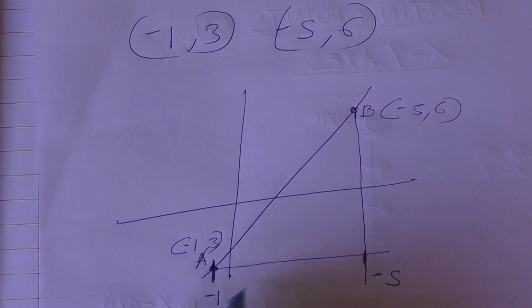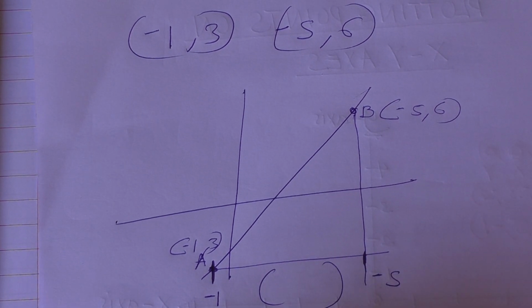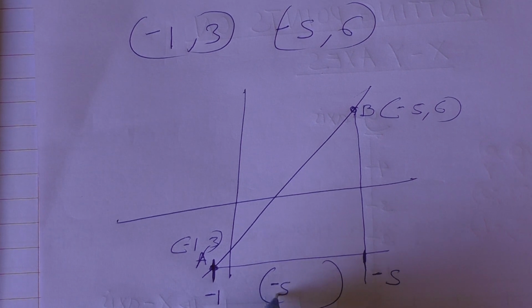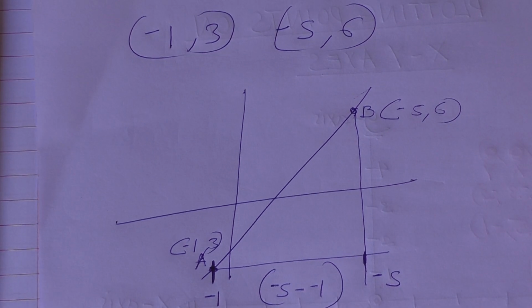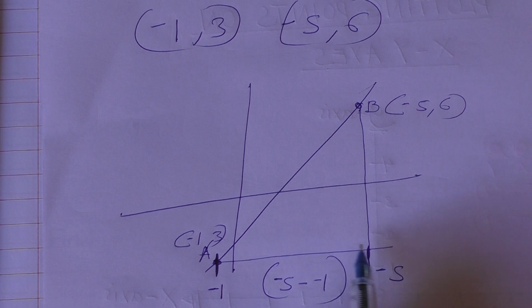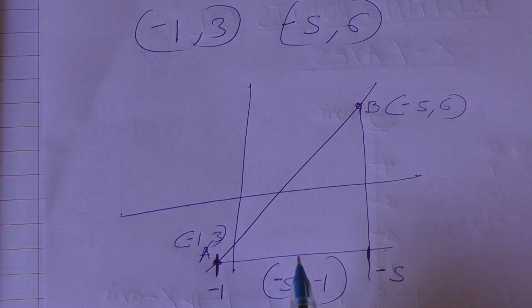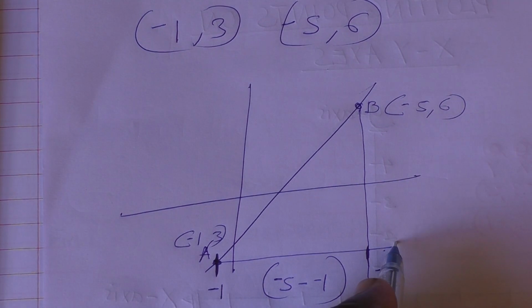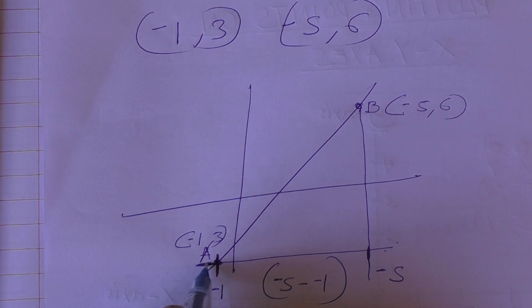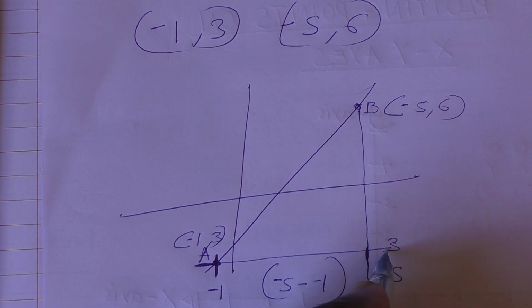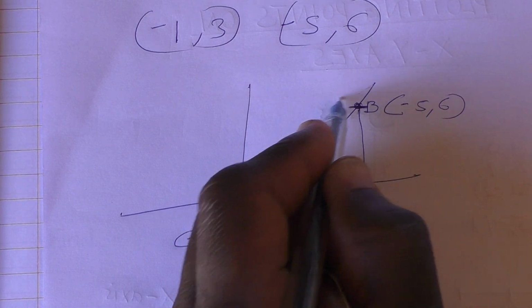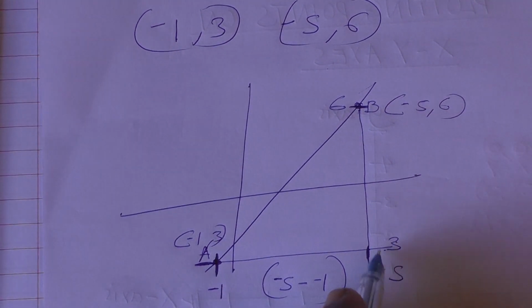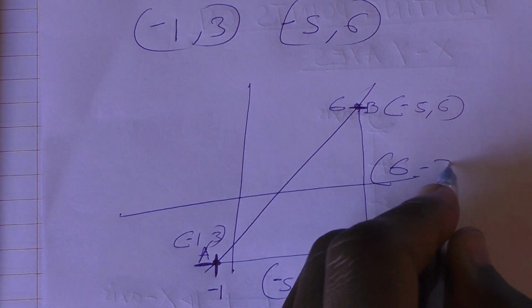Then the difference is negative 5 minus negative 1. And then on the vertical axis, this will be 3 because this is at 3. So this is 3 and this is at 6, meaning the height here is 6 minus 3.